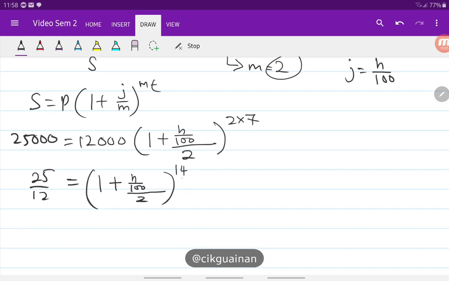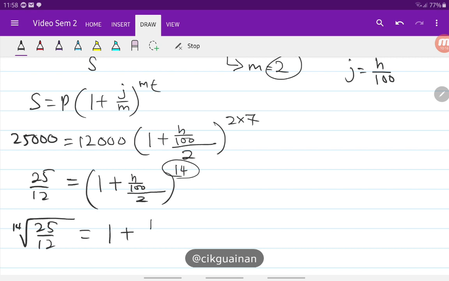Now what we do, this power of 14, we put a 14th root on each side. So we take the 14th root of 25 over 12, equals 1 plus H over 100 over 2. Taking the 14th root of the figure, I use the calculator and I get 1.053824.